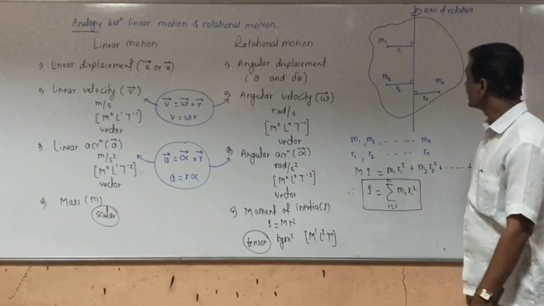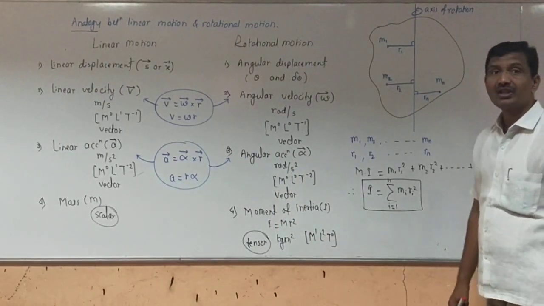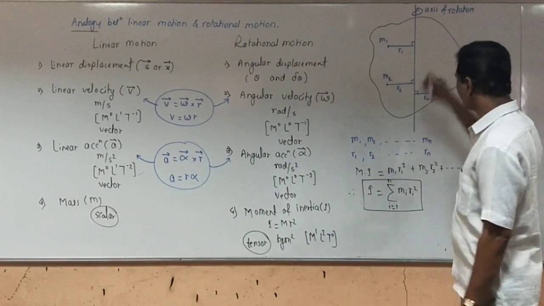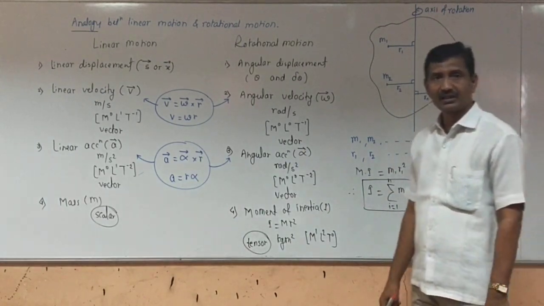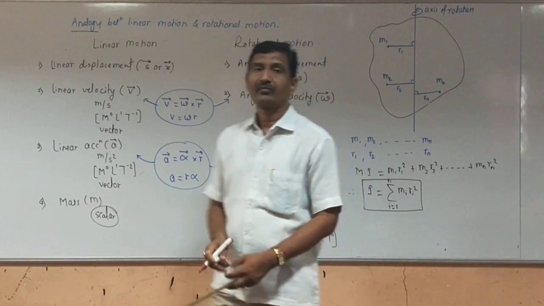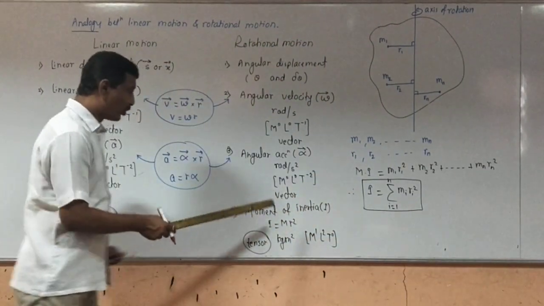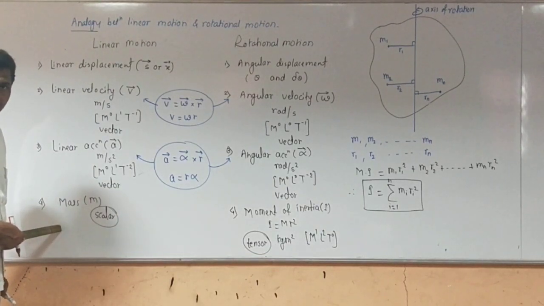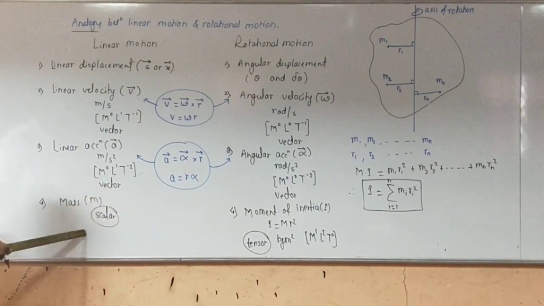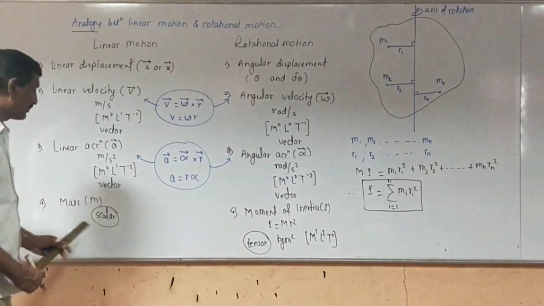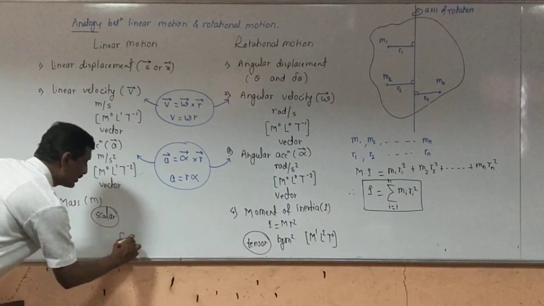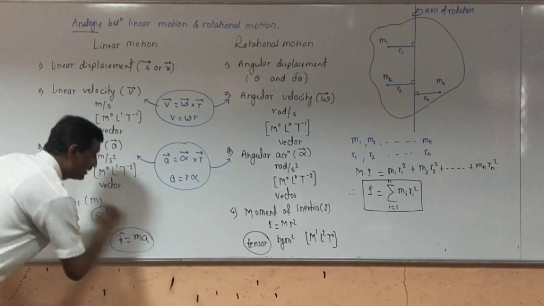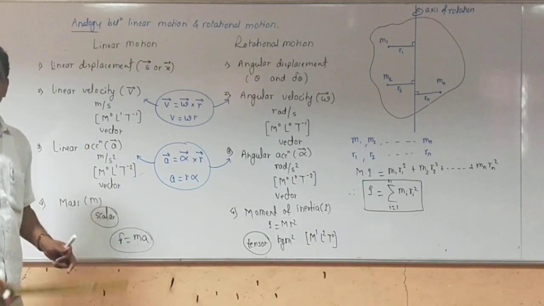Now we consider the significance of the moment of inertia and on what factors the moment of inertia of a particle or body depends. Moment of inertia is analogous to the mass. In case of linear motion, you are familiar with the formula F is equal to ma, force is the product of mass and acceleration.